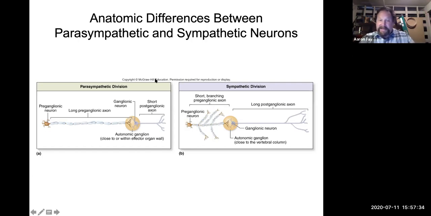So it makes sense that you activate one preganglionic neuron of your autonomic nervous system. It will then turn on your respiratory system, your energy mobilization, your metabolism. You can turn on many different things. However, with the parasympathetic, there's not that much of a rush. You can take care of things kind of one at a time, right?